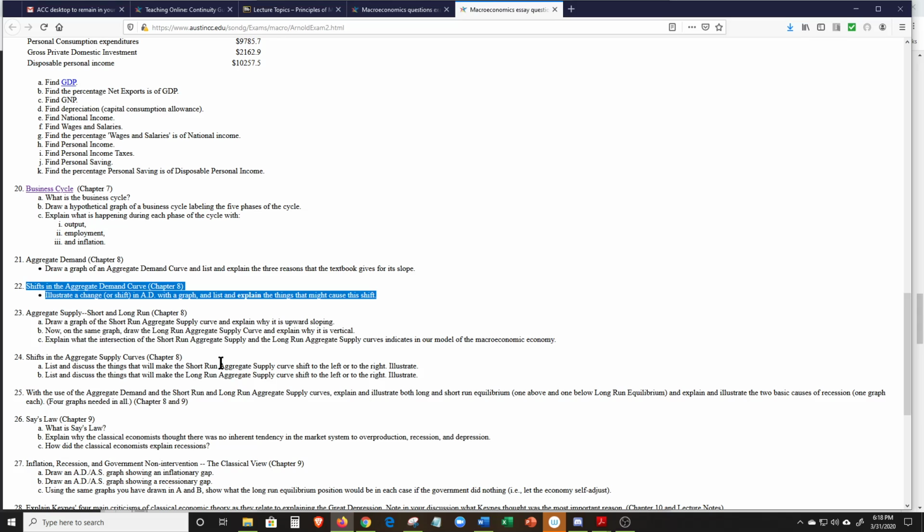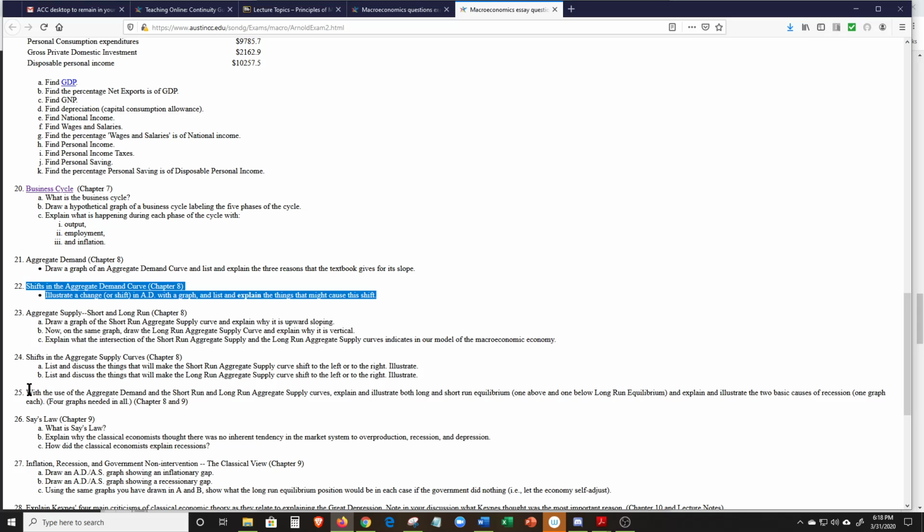And if we're measuring GDP on the horizontal axis, we know that means a big fall in real GDP, a big recession. So hopefully I'm being overdramatic here and it's not going to be that bad, but it certainly doesn't look that great right now. So we're going to use these aggregate supply and aggregate demand curves to explain maybe what's happening now and what's been happening in the past.